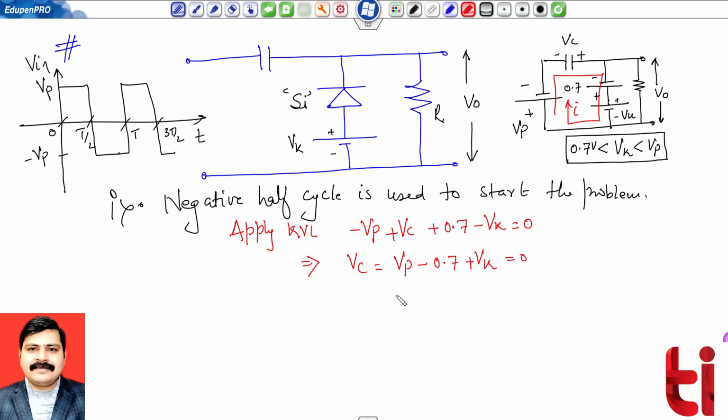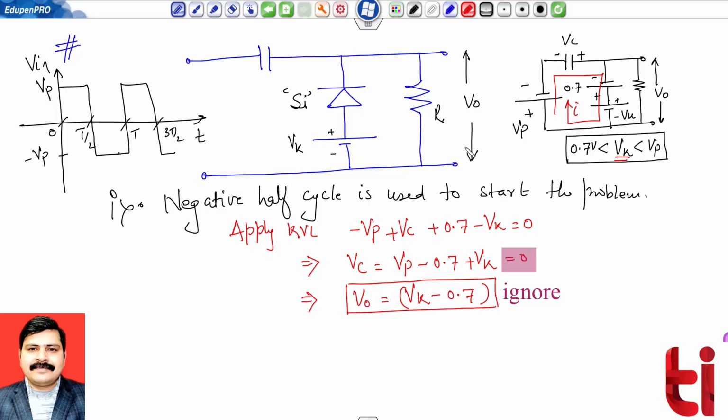So that is the value of Vc. At the same time, let me find the value of V0 also. You can check V0 is the difference between these two batteries, and as we have already taken that my Vk is greater than 0.7 volt, it will be Vk minus 0.7, that is my output voltage for the case.